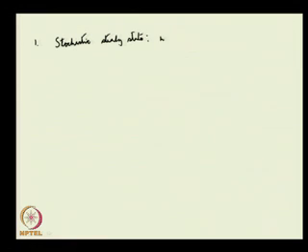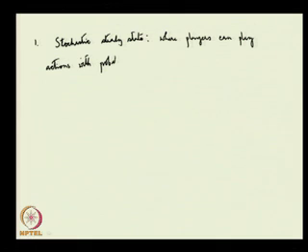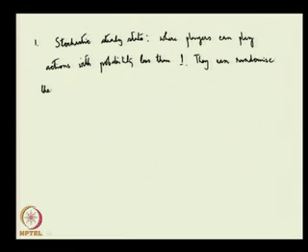This is the case where players can play actions with probability less than 1. So, they randomize, or let us say they can randomize, they may not randomize their actions.